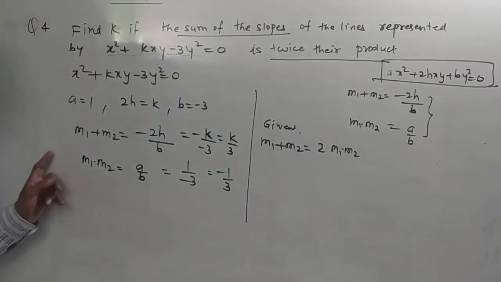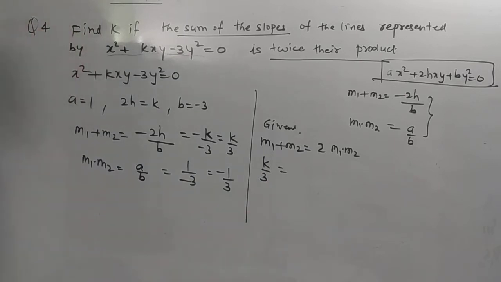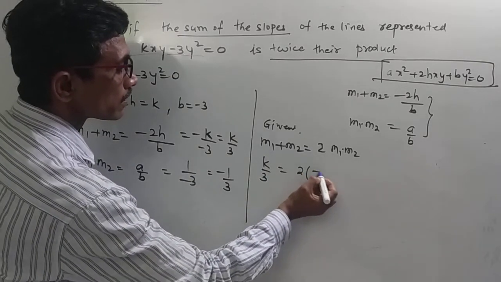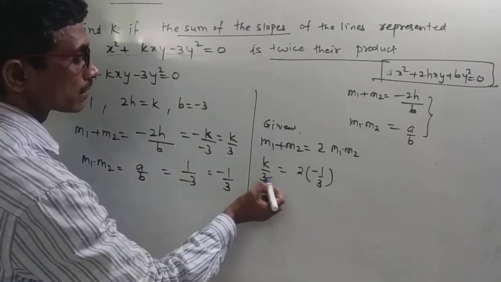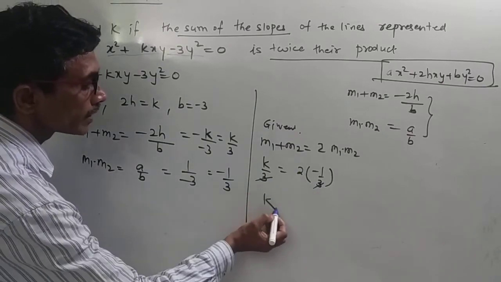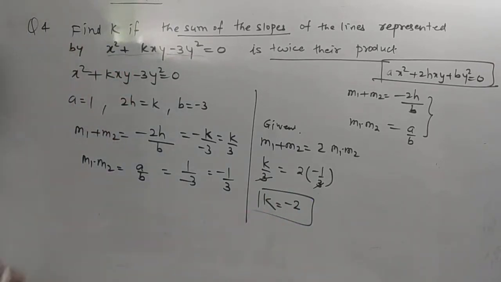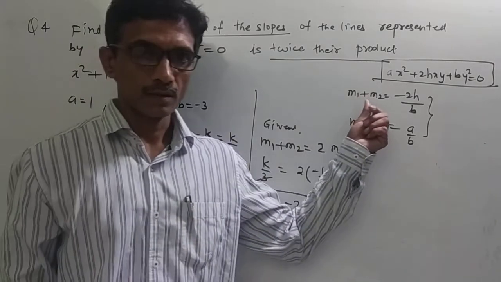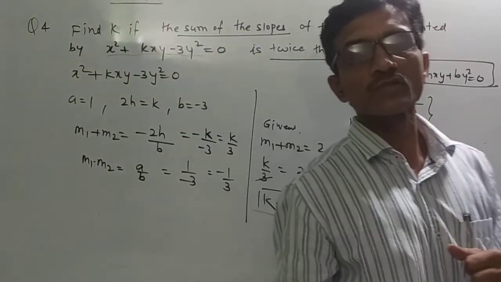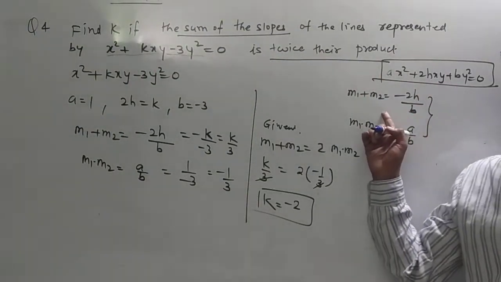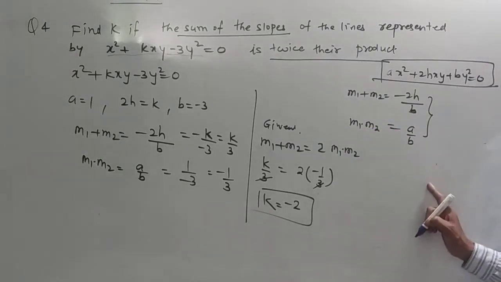So m1 plus m2 is k upon 3, and the product of the slopes is minus 1 upon 3. So this 3 will get cancelled and we get k is equal to minus 2. So simple. You just have to remember the sum of the slopes and the product of the slopes. The formula is minus 2h upon b and a upon b. We are using this formula over here.